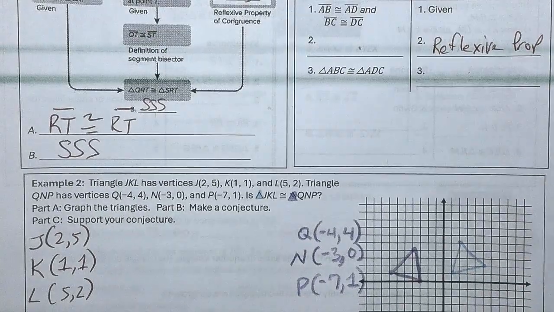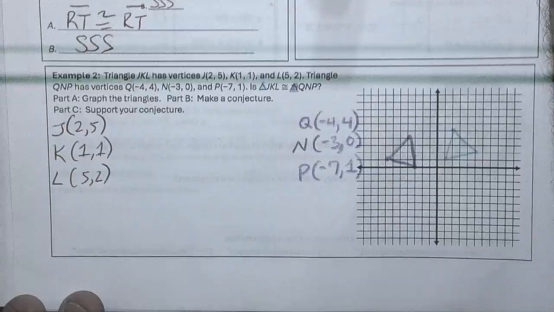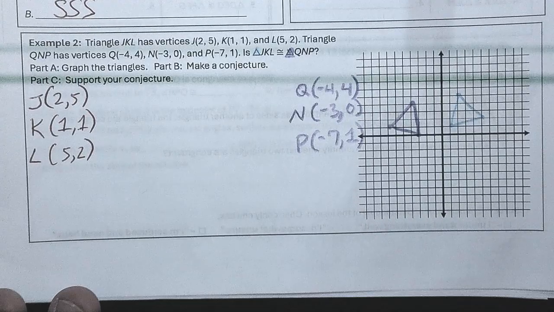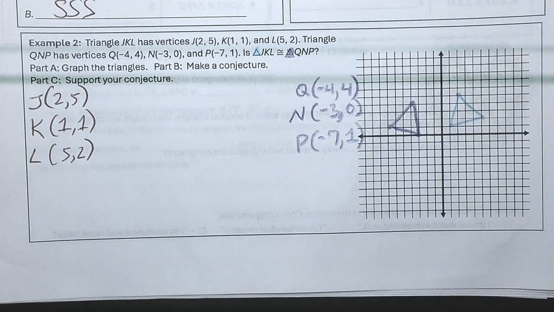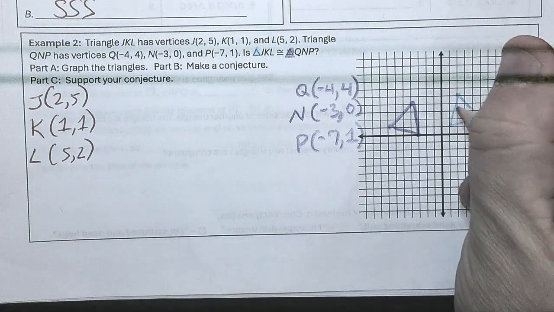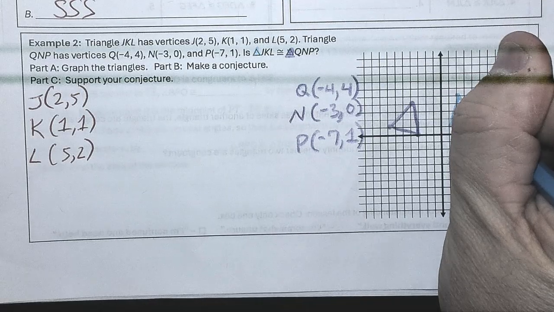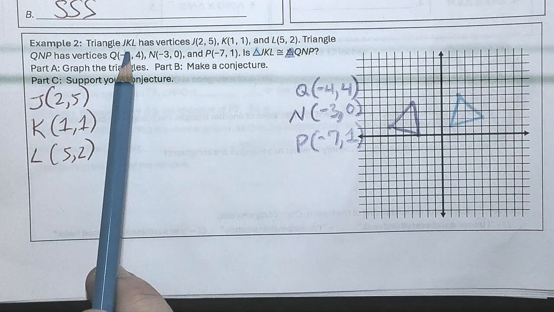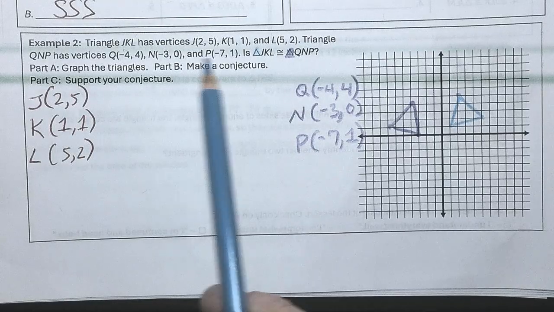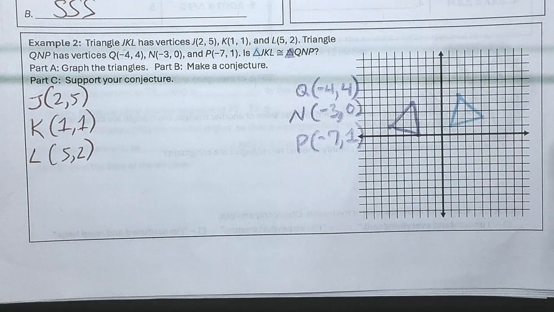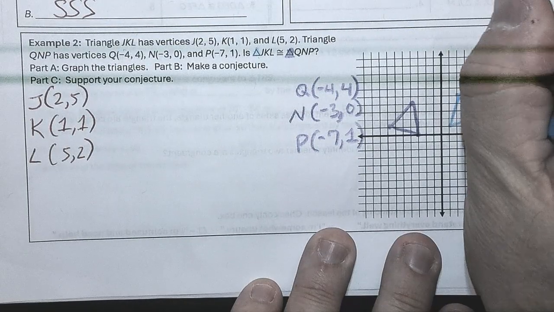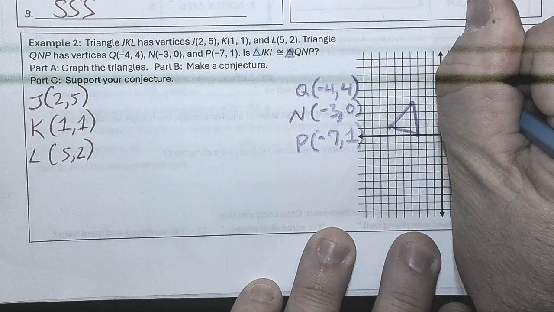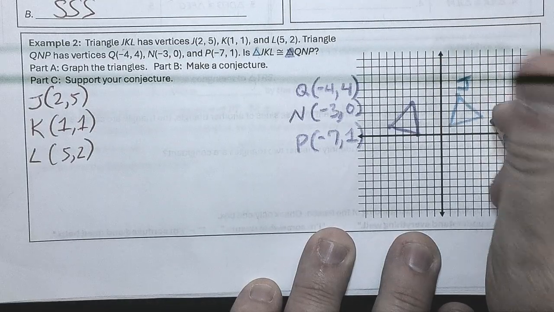All right. Going down here, I've already started this because I'm trying to watch our time on the video. Let me just make this a little bit darker. All right, so example 2, triangle JKL. That is this guy. So this is J. It's hard to see the letters.